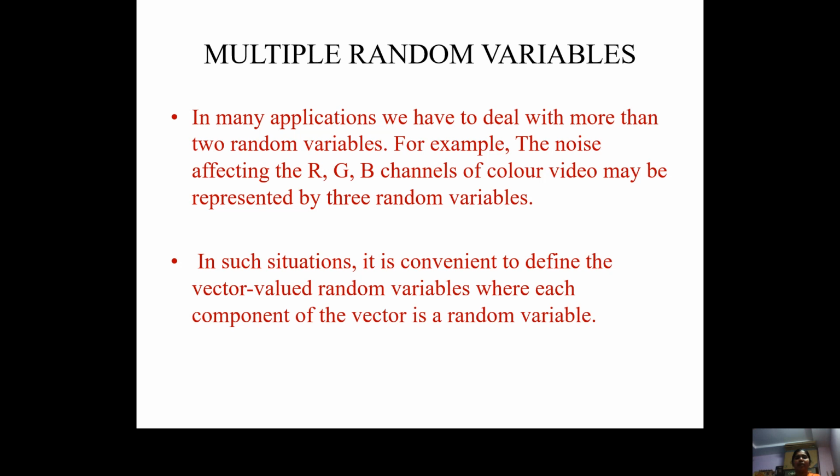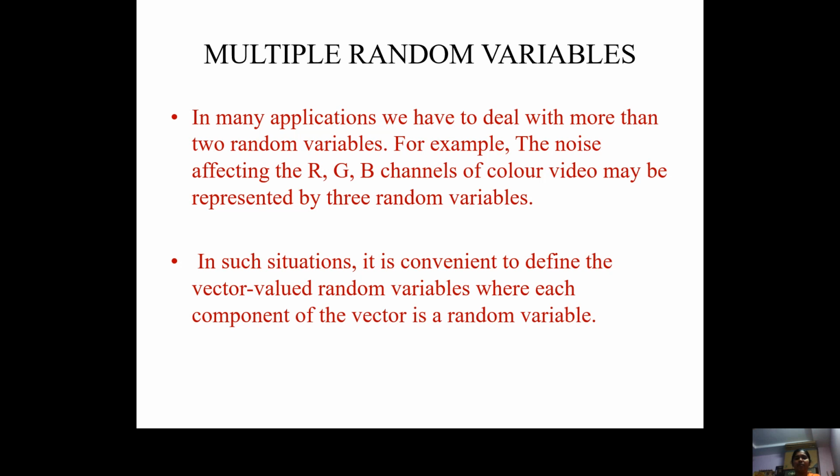For example, the noise affecting the RGB channels, the red, green and blue primary color channels. A color video may be represented by three random variables. That is why it is necessary to learn about the operations of multiple random variables.